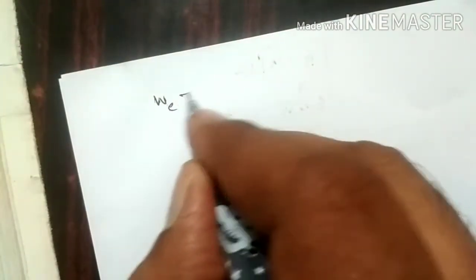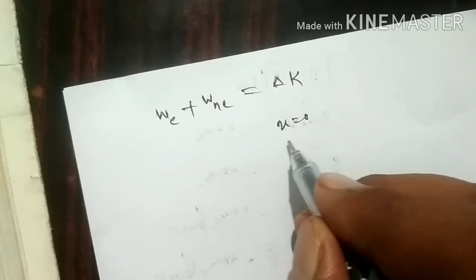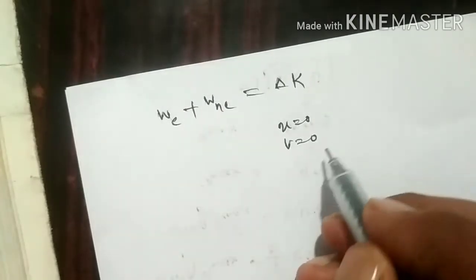To find the coefficient of friction, I will consider the second condition. Work done by the conservative force plus work done by the non-conservative force is equal to the change in kinetic energy. At the initial point after compression, the block is at rest, and at maximum expansion, after crossing the equilibrium position, the final velocity is also 0.